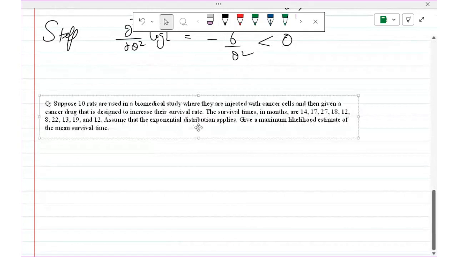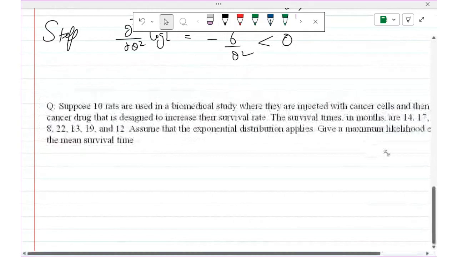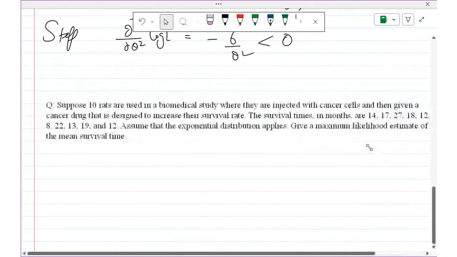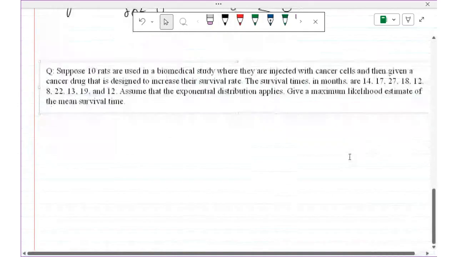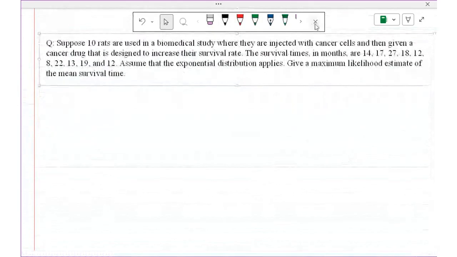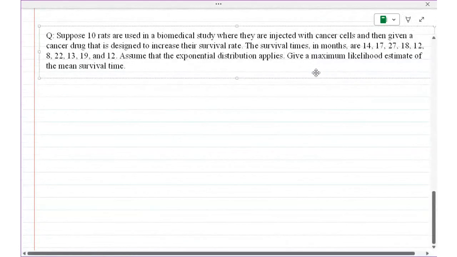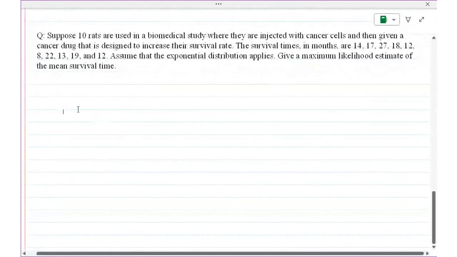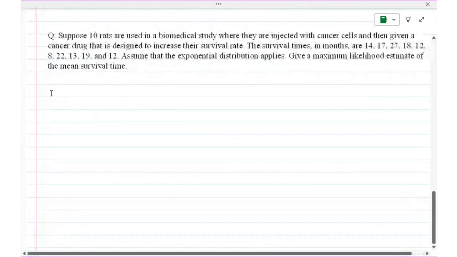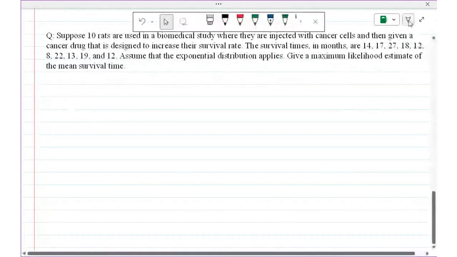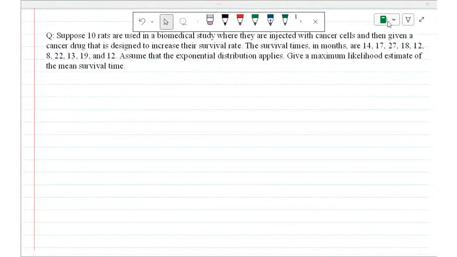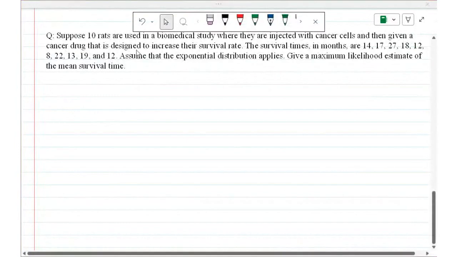Suppose that 10 rats are used in a biomedical study where they are injected with cancer cells, and then a cancer drug that is designed to increase their survival rate.